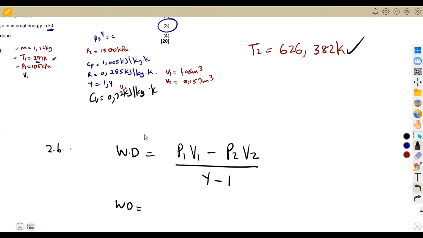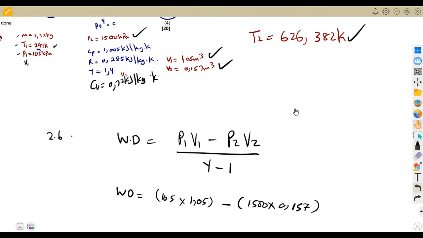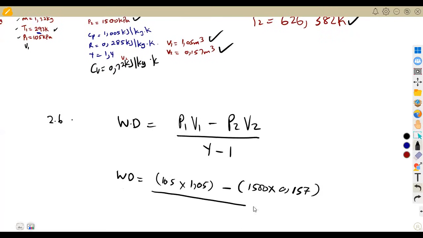So our work done is going to be P1, 105, times V1. Remember, we calculated V1 and got 1.05, minus P2, which is 1,500, times V2. We calculated V2 and got 0.157 cubic meters, over gamma minus 1. And we have the value of gamma, which is 1.4, minus 1.